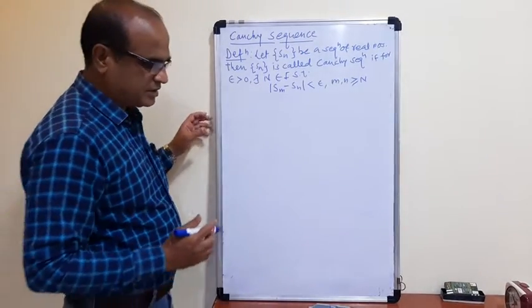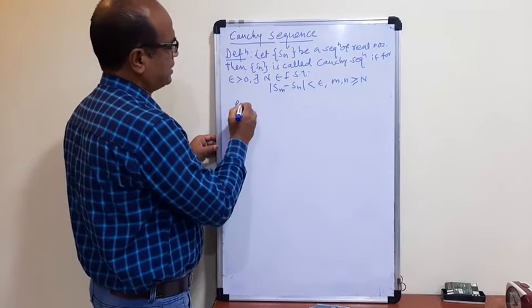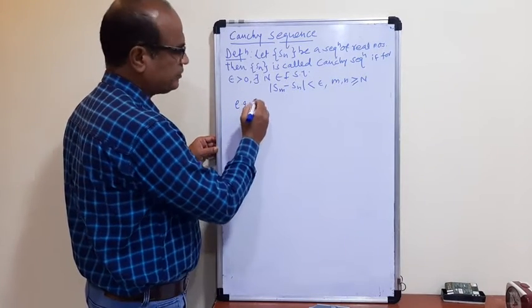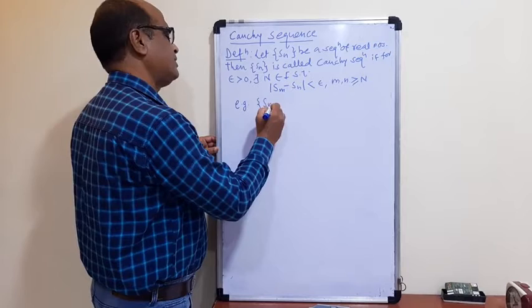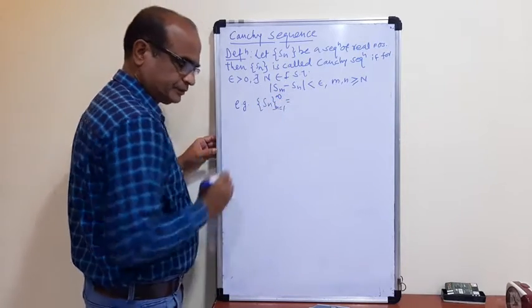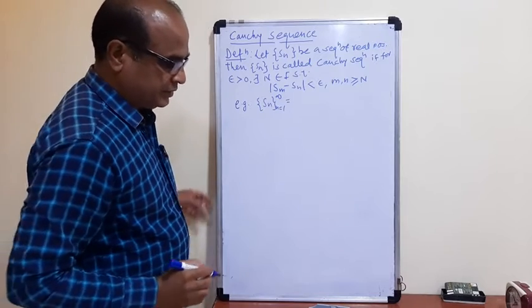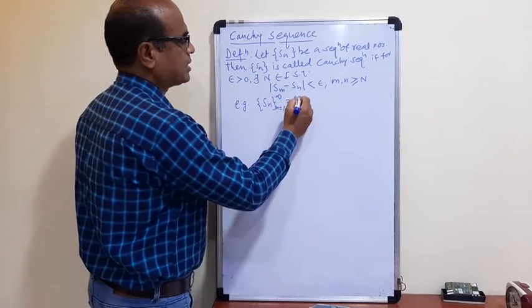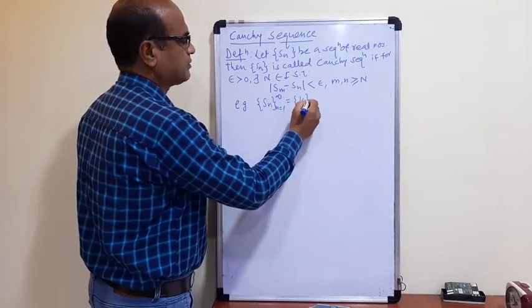So we understand this definition by using an example here. For example, we take Sn equal to 1 upon n. So this is the sequence here.